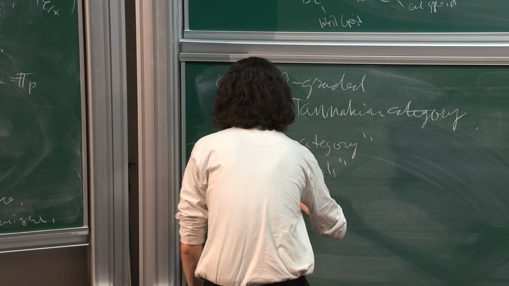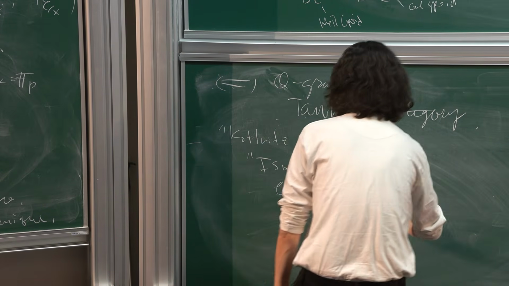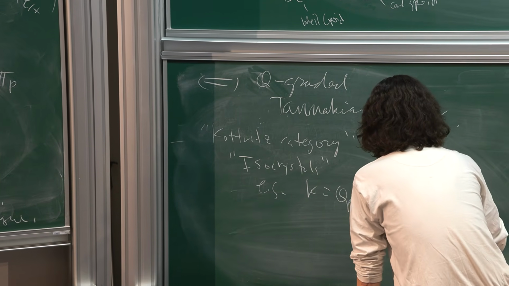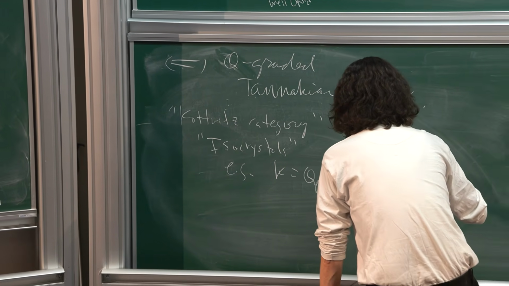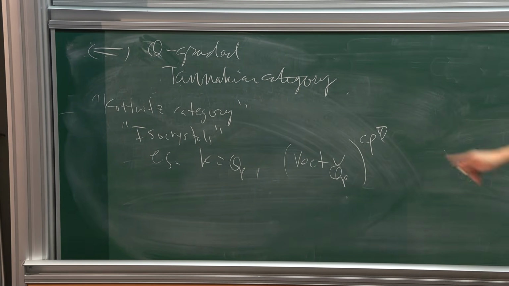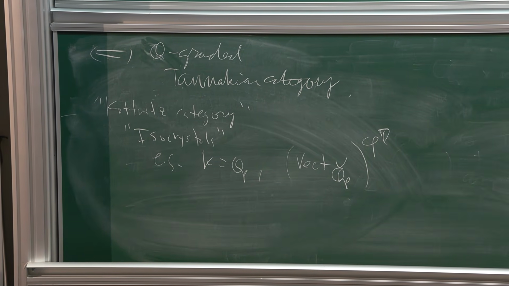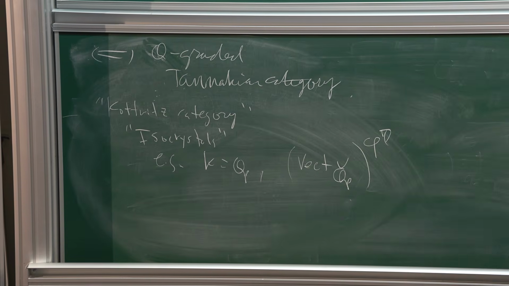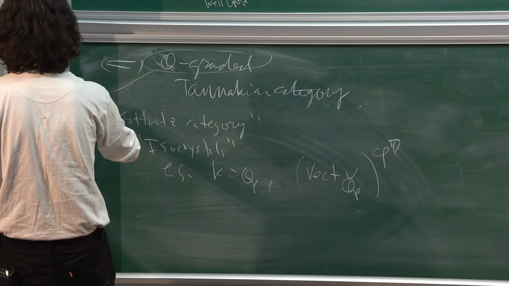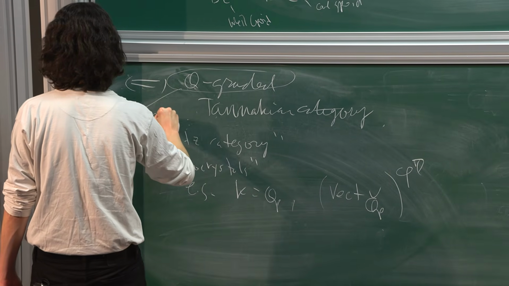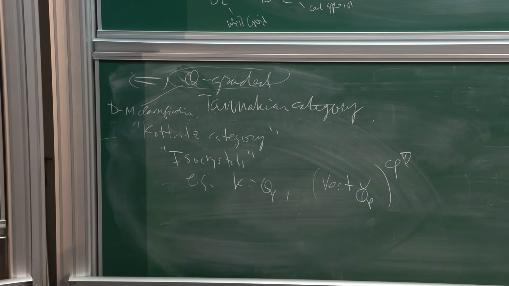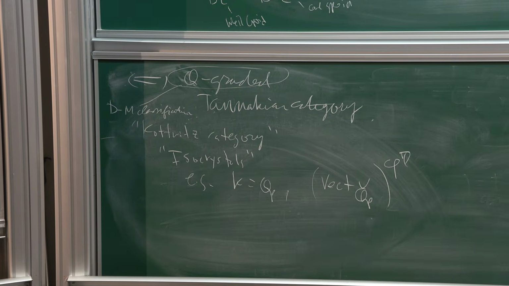and it's also isocrystals. So, for example, if k is equal to Q_p, then you take vector spaces over the completion of the maximal unramified extension equipped with a semi-linear Frobenius operator. And the Q-grading corresponds to the Dieudonné-Manin classification of isocrystals.